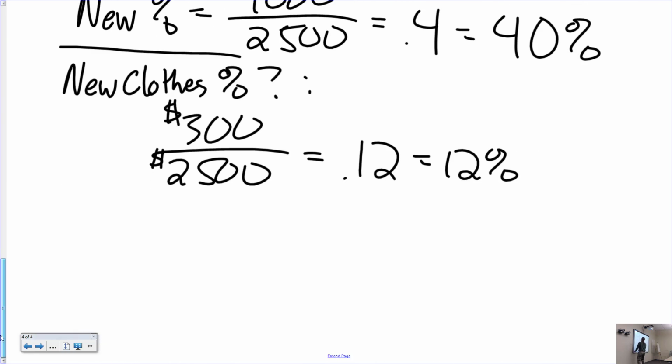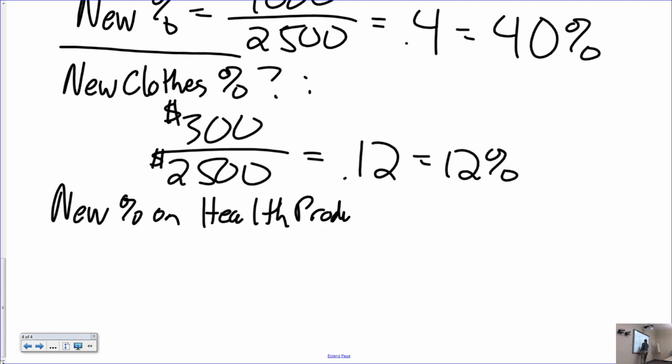All right, so how about the new percent on health products? What was the old total? It used to be 20%. We never calculated the total.